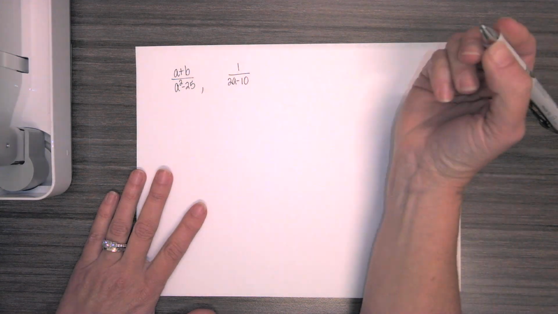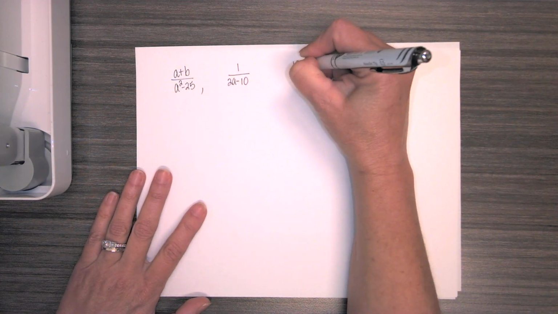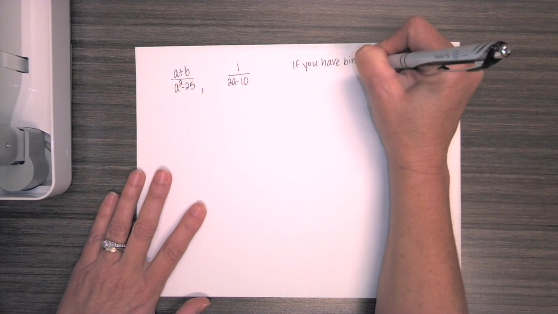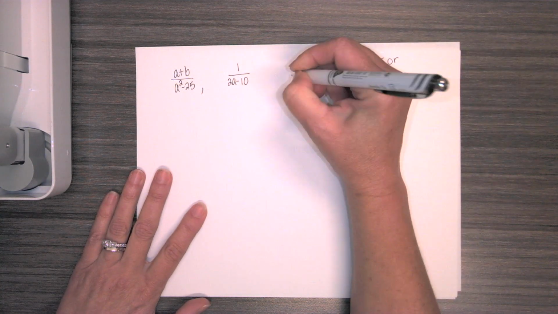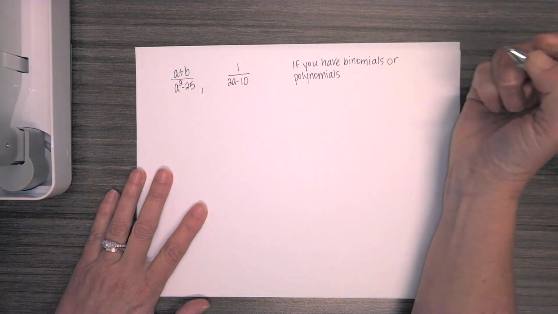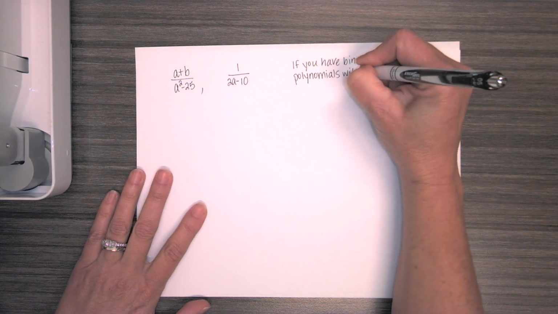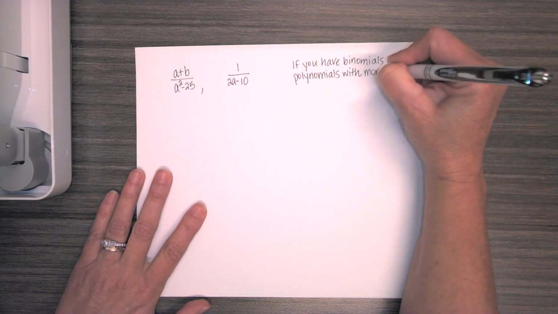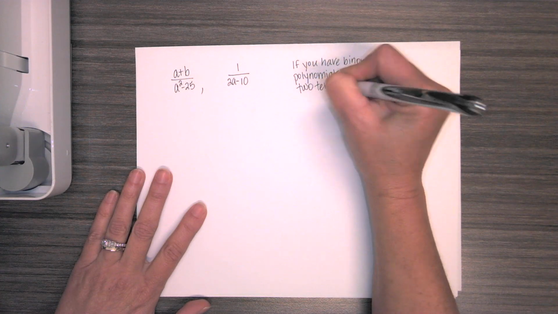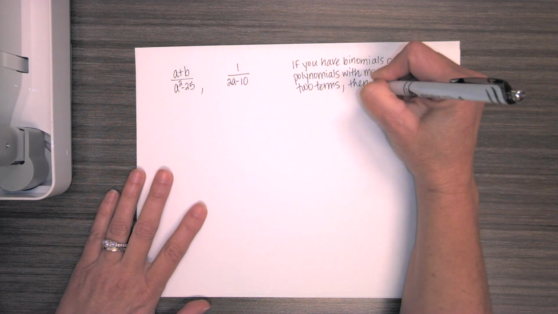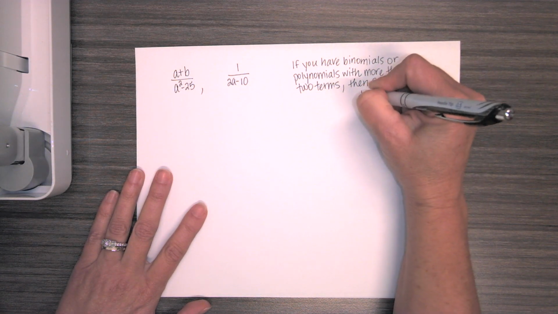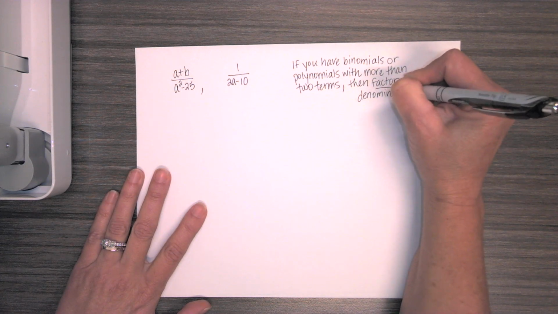Okay, if you have polynomials with more than 2 terms, then you need to check to see if you can factor the denominators before you try to name a least common denominator.